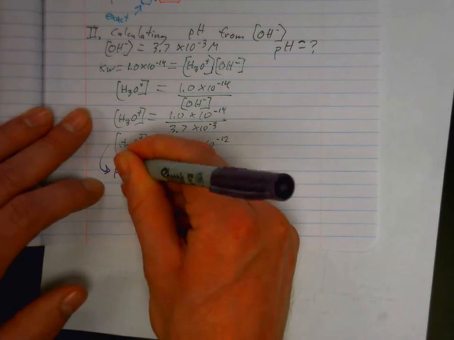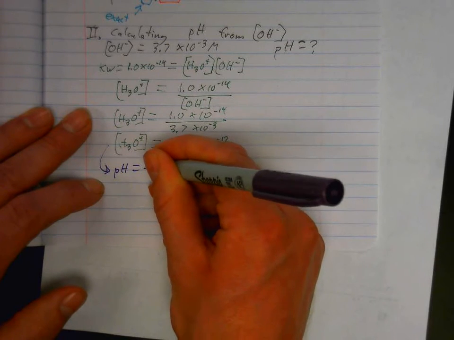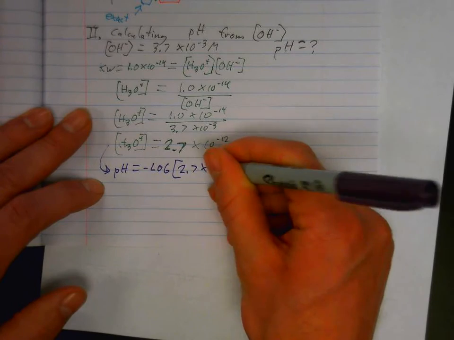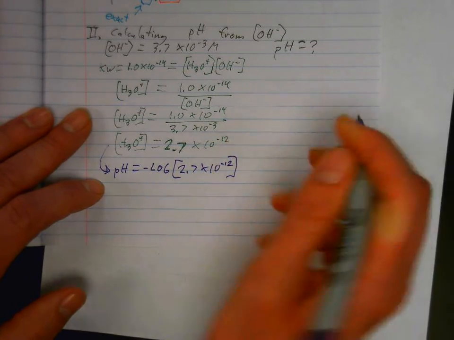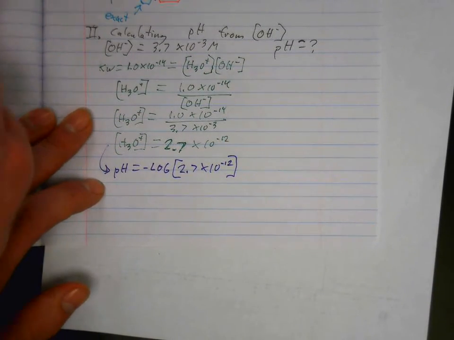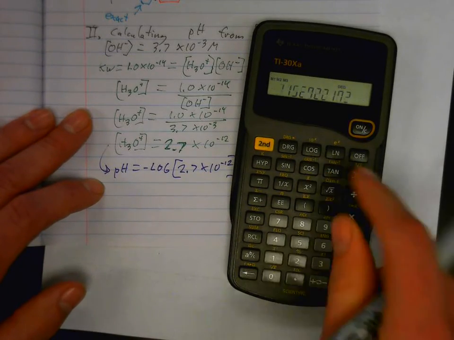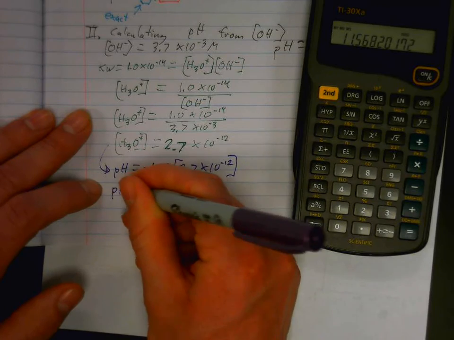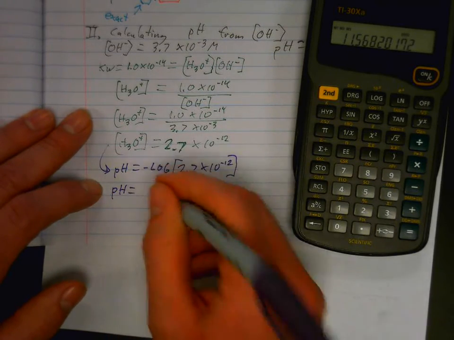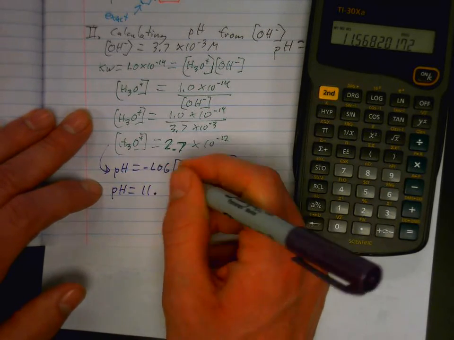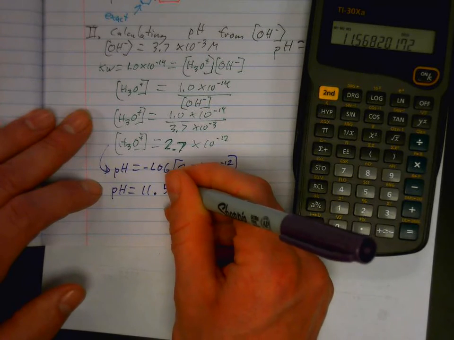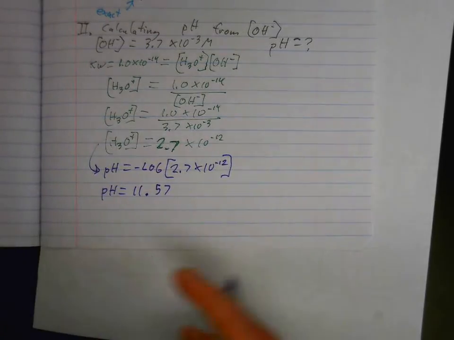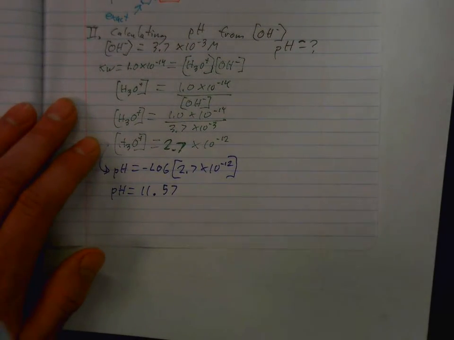So the pH is the negative log of 2.7 times 10 to the negative 12th. That gives us a pH of 11.57. That's one way to do this. Let's try another way.